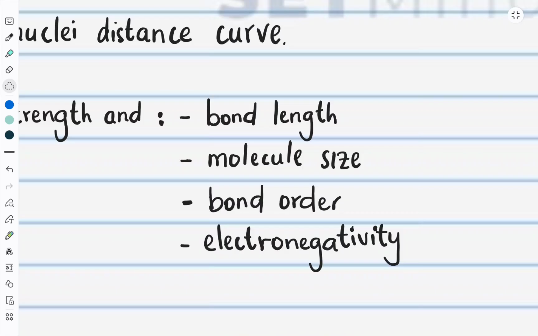Or similarly, when we talk about bond order, we're talking about whether it is a single bond, a double bond, or a triple bond, right?